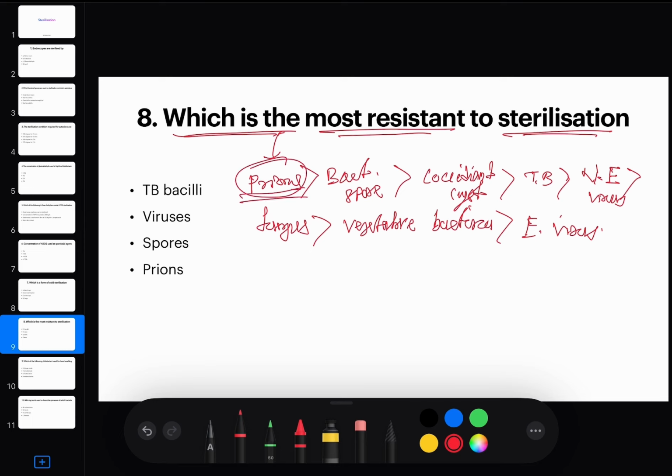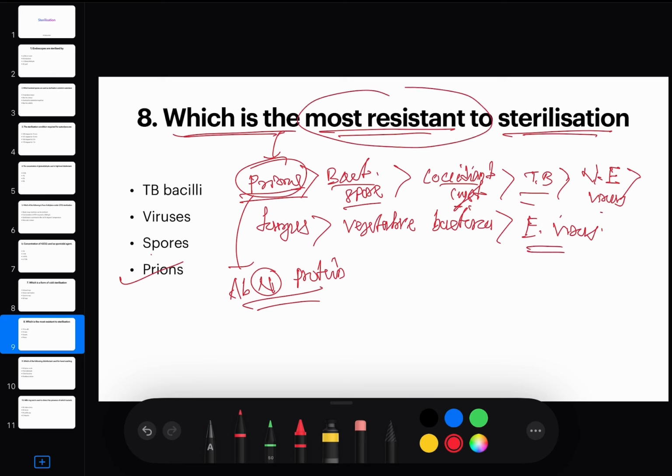Prions are an abnormal protein. So the answer is prions, followed by bacterial spore, coccidian cyst, TB bacilli, non-enveloped virus, fungus, vegetative bacteria, and the enveloped virus. The question asks for the most resistant, that is prions.